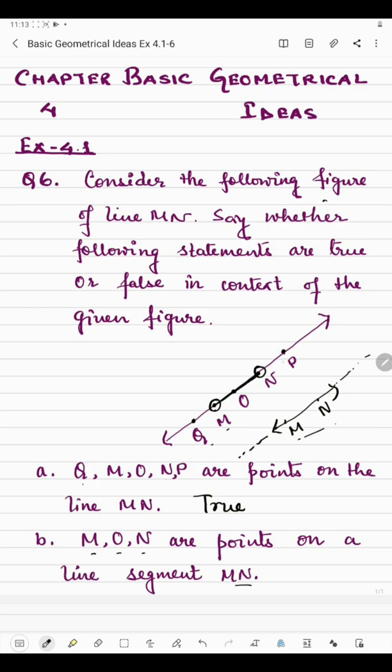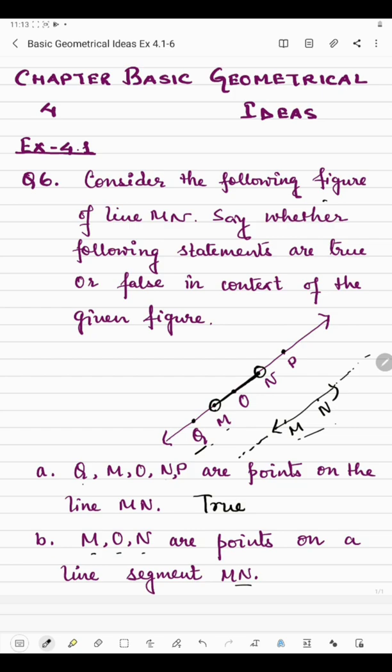So we will not see the point which is above this point N or below this point M, means we will not see point Q and P because we are considering only this line segment which is MN. Now if you see this line segment, these 3 points M, O, N are there on this line segment MN. So that means this statement is true.